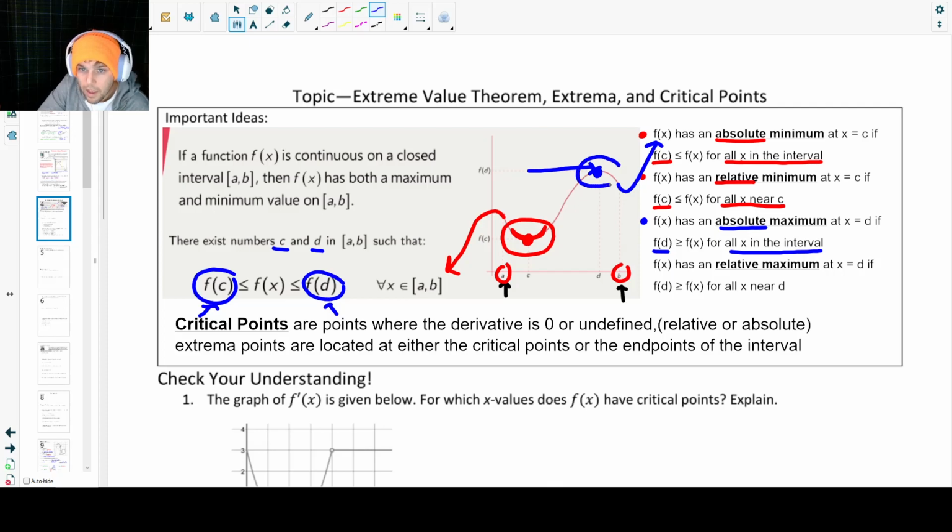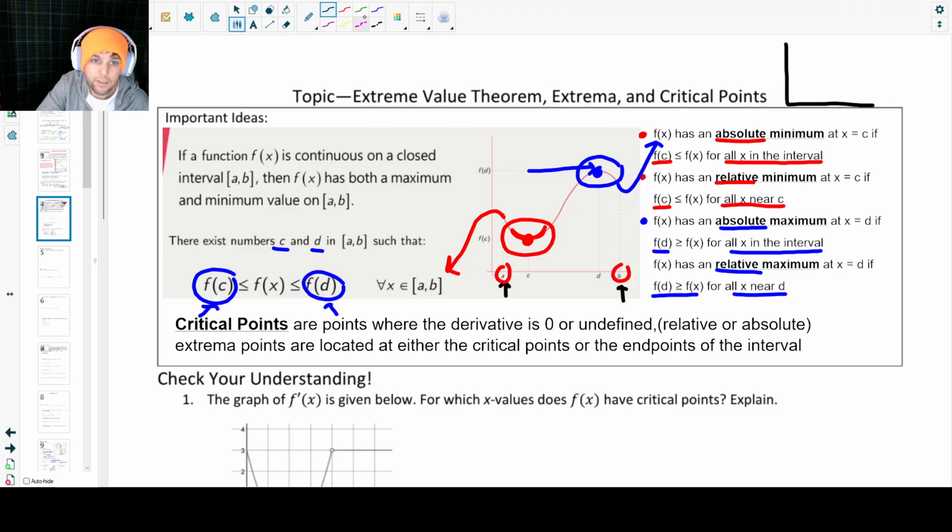Now this is only a relative maximum, because now it is only the greatest value near D, near this area, but the graph does go up above it later on. Once again, we're restricting ourselves between A and B, so we would consider this an absolute maximum on this interval, but if we expand our interval out, we could call these relative maximums.